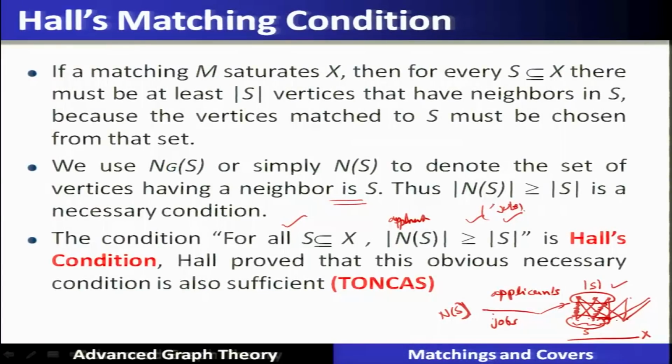That is quite an obvious condition: for any subset of jobs to be filled, there should be at least as many applicants, only then will every job be saturated. Hall has also proved that this obvious necessary condition is also sufficient. That we are going to see in the theorem.